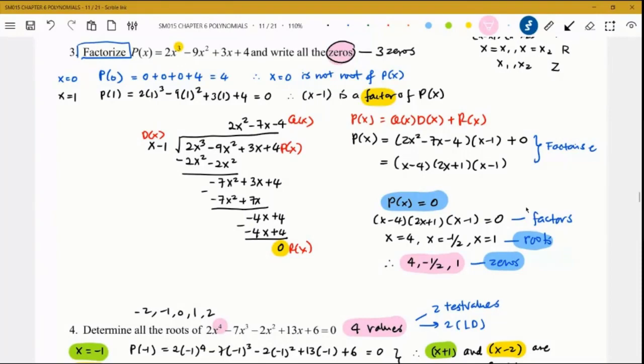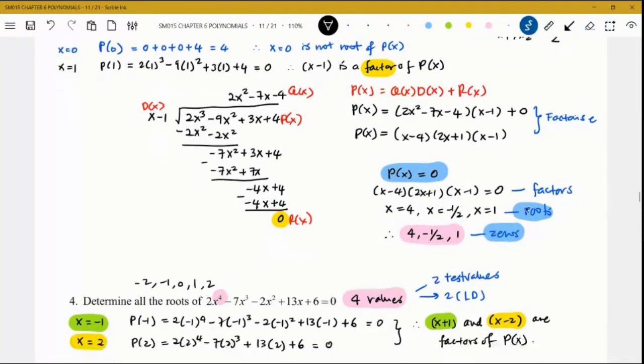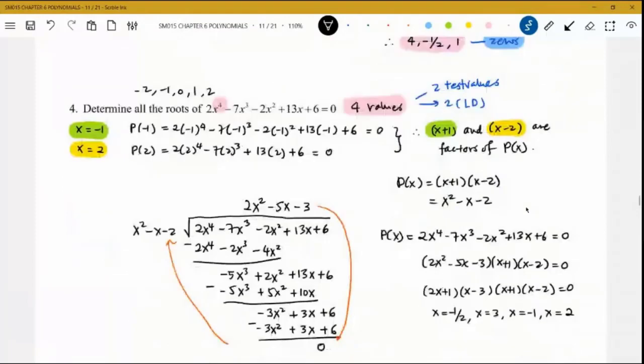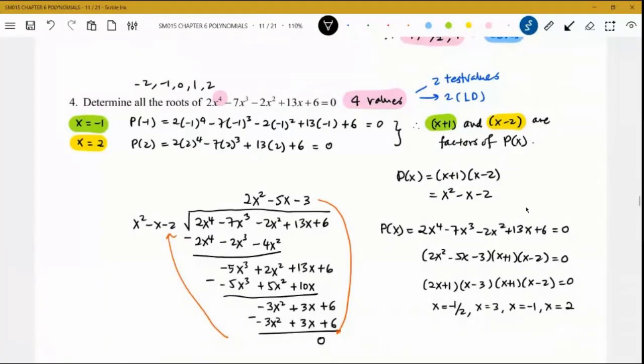Okay, factorize mesti subjek dia adalah Px. Okay, untuk dapatkan zeros ataupun roots, equalkan dengan kosong baru boleh dapat nilai. Tapi soalan 4, dia dah equalkan siap-siap daripada soalan asal. So kamu boleh direct terus cari nilai x.